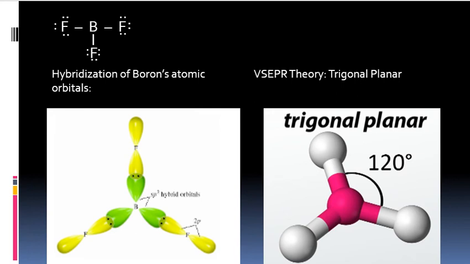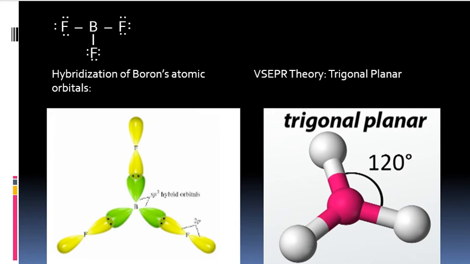Since boron is bound to 3 outer atoms, it's going to need to form sp2 hybridization, or 3 different hybrid orbitals that are classified as sp2 because they were formed from boron's s orbital hybridizing with 2 of its p orbitals.